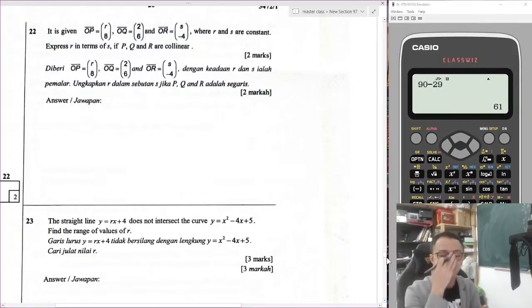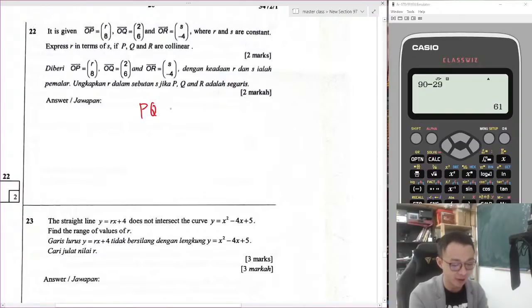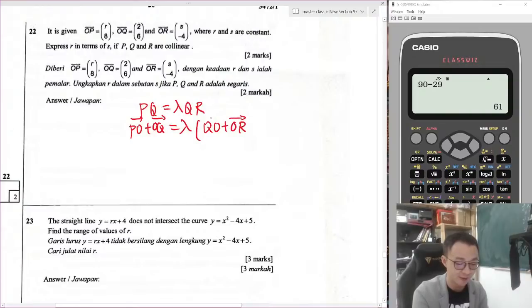Column vector. When they are collinear, I will say PQ collinear will equal to lambda of QR maybe. PQ is PO plus OQ, isn't it? So it's PO plus OQ equals to lambda times QO plus OR.